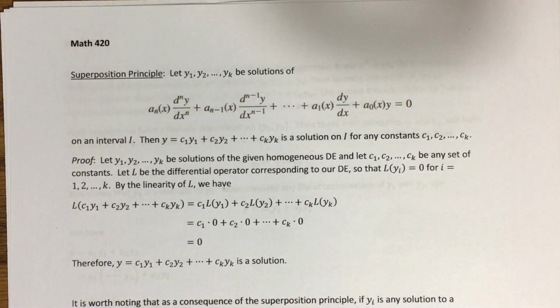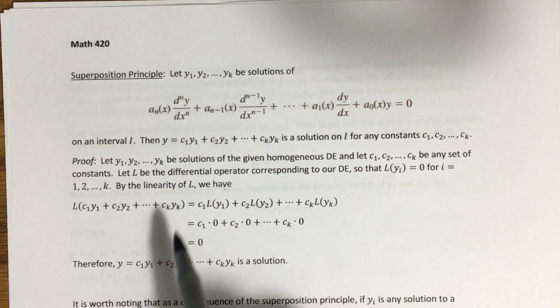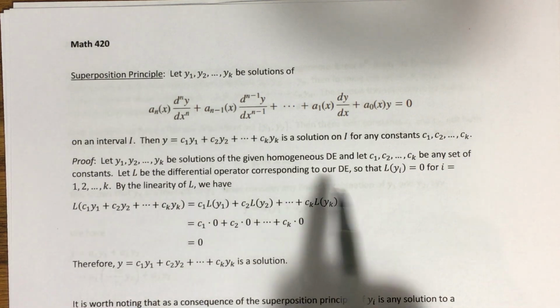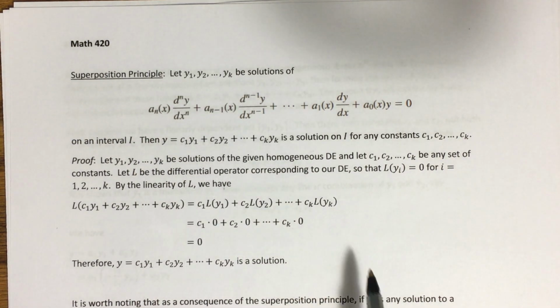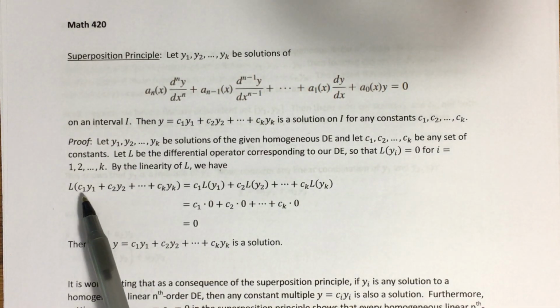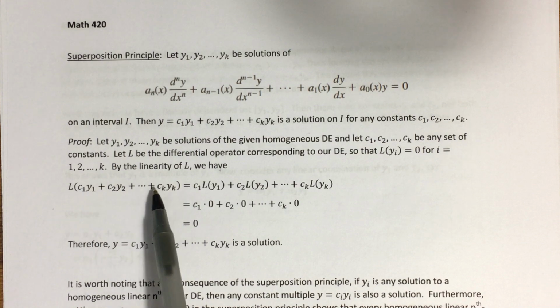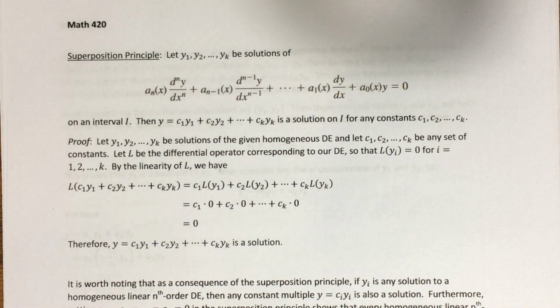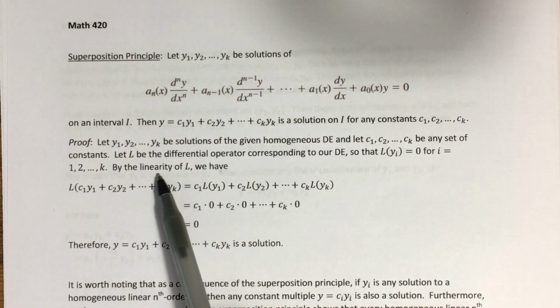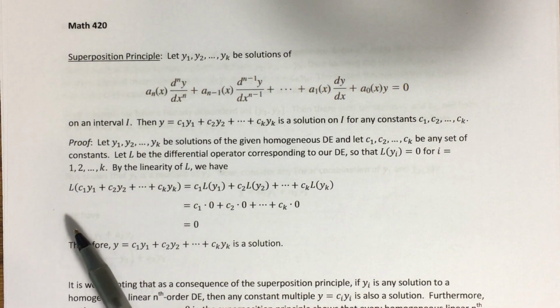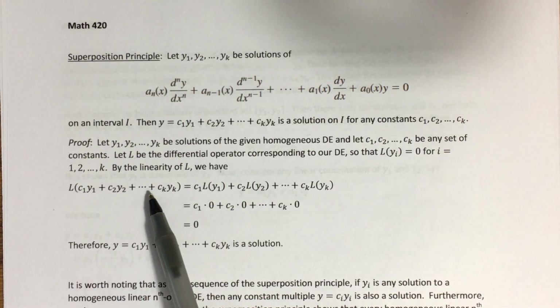Now, if I construct a linear combination of those k solutions up here, which would look like this: C1 y1 plus C2 y2 plus all the stuff in between here, plus Ck yk, where all of those C's are just some arbitrary constant, then I can use the linearity of L, which we talked about at the end of the last video.